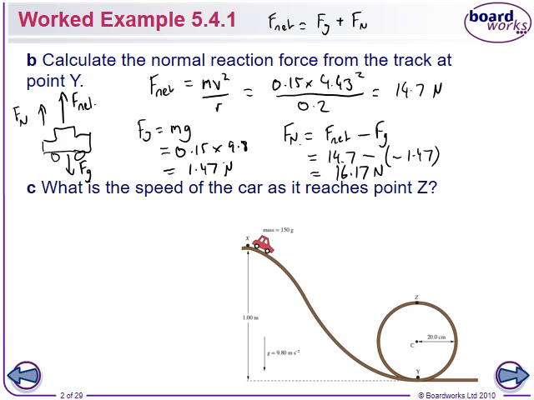I guess it all depends on the steepness of the slope immediately before point Y as to whether you are in a circle or not. If it was steeper, you could say you're pretty close to circular motion, whereas if it was much flatter leading into point Y, you wouldn't be. But I agree with what you're saying.